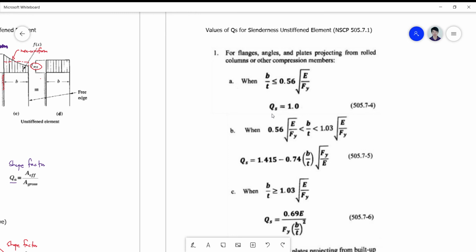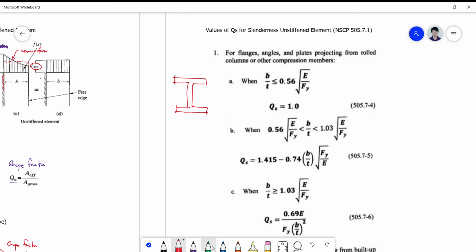So, for flanges, angles, and plates projected from rolled columns or other compression members. For example, I have here a rolled I shape. We're referring here to projected elements.